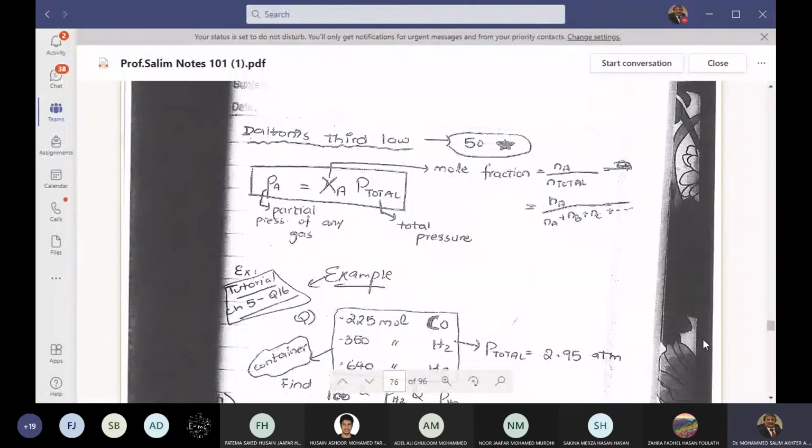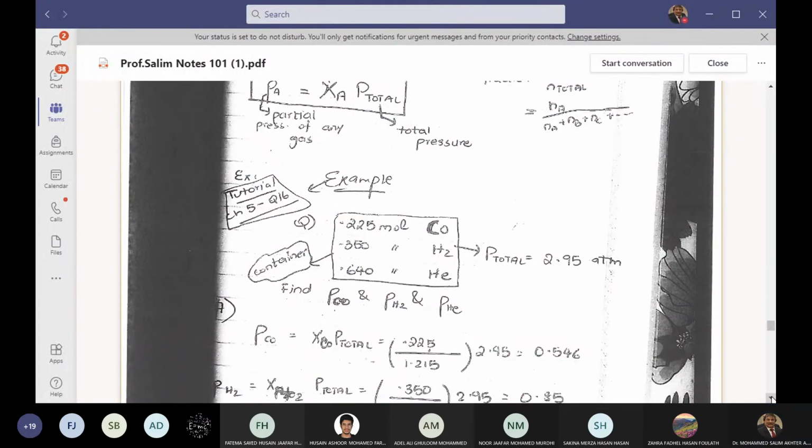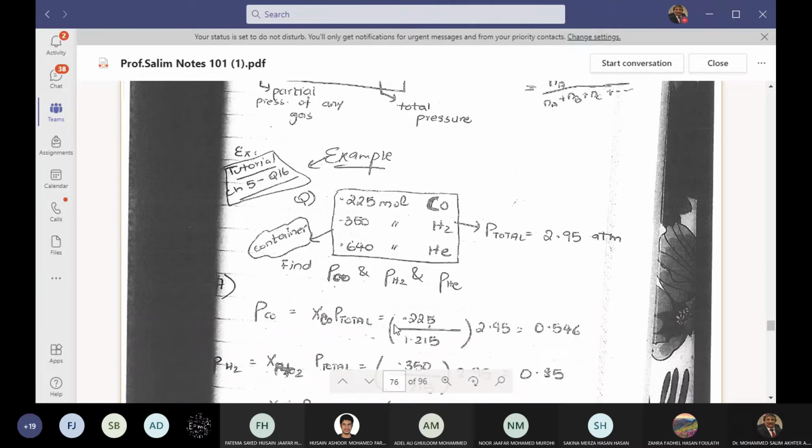Look at this. Instead of air, I am using a gas container, a gas cylinder. In the gas cylinder, I have 0.225 mole CO gas, 0.350 mole hydrogen gas, and 0.640 mole helium gas.